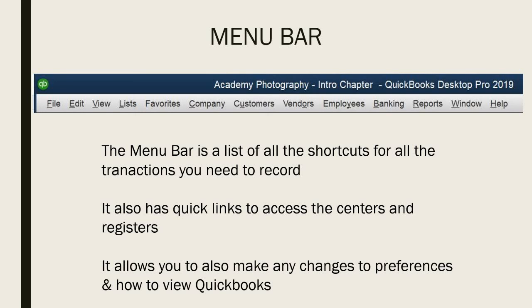And usually the menu bar is at the very top of the window. It's below the title bar, which allows you to know what file you're in at all times.